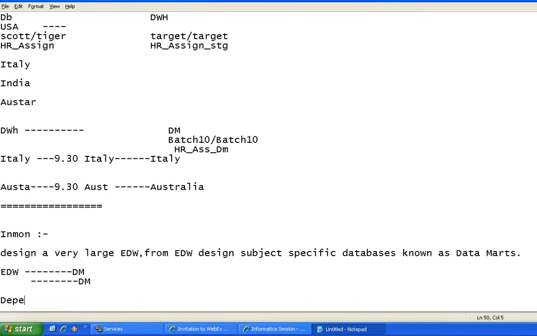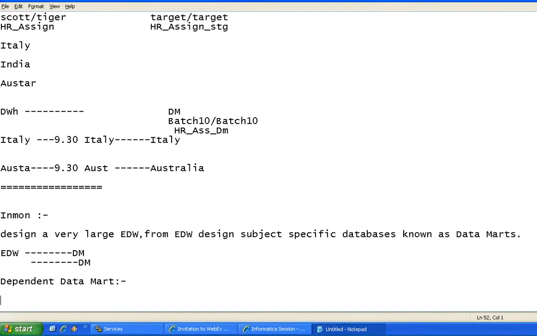This is called a dependent data mart. Why do we call this a dependent data mart? Because here the data mart development is depending on the enterprise data warehouse. This is called the top-down approach. In the top-down approach, the data mart development depends on the enterprise data warehouse.